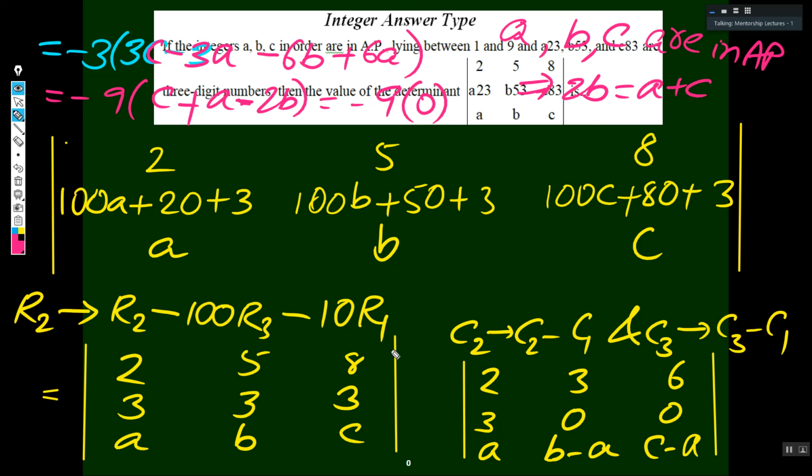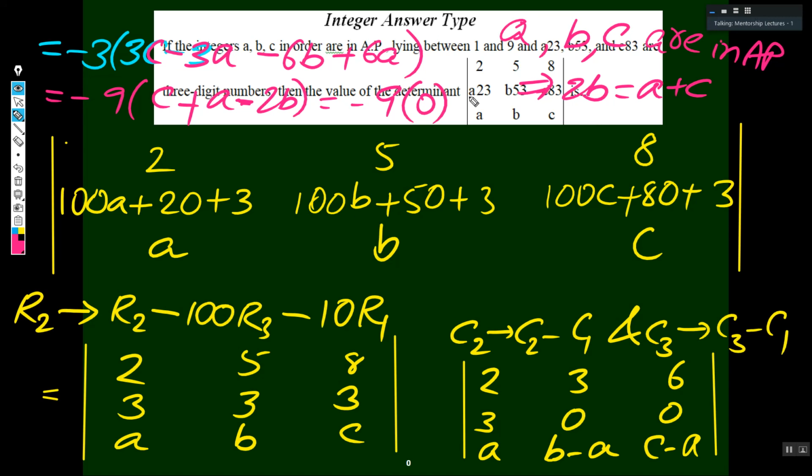Like how Srivardhan was saying to split the determinant and doing it, that's also more comfortable. You can follow that. But why I have taken this question, I want to make you clear about this type of problems. If you are given A23, B53, how to split them with the position of the numbers.